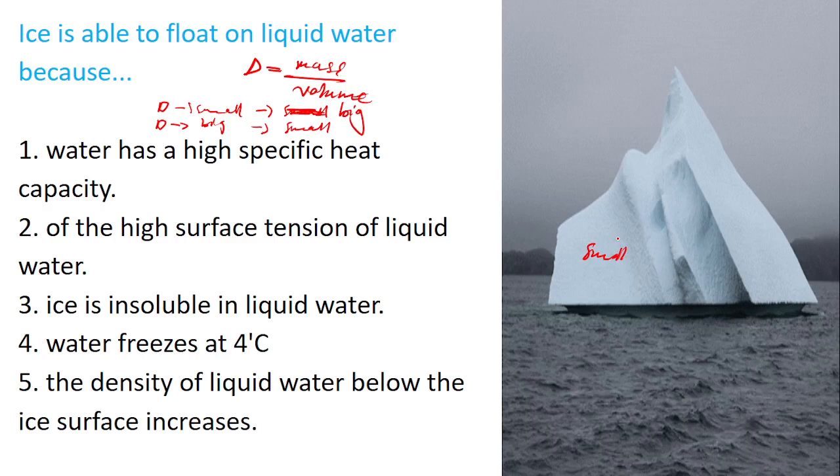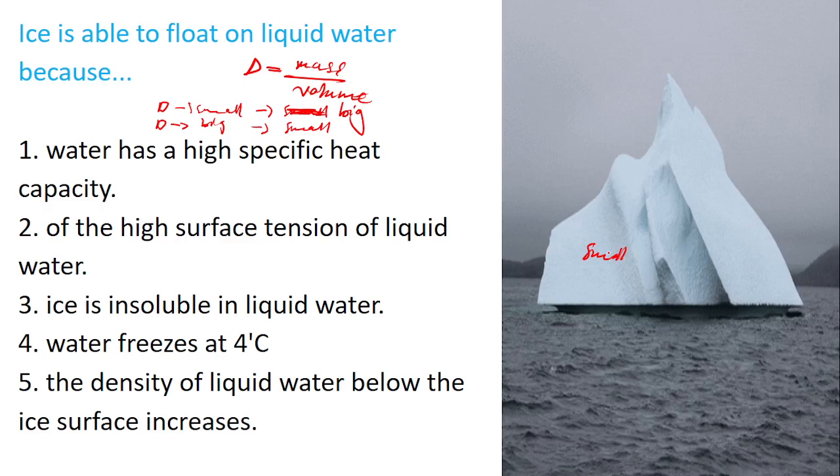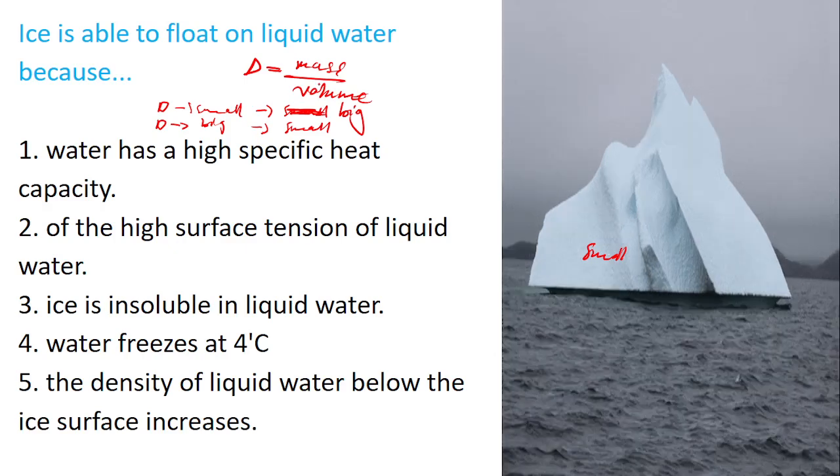For this thing to be big, to float there, it's because the density is small. Then if the density is small, the volume is big. Remember, the mass has to remain the same.